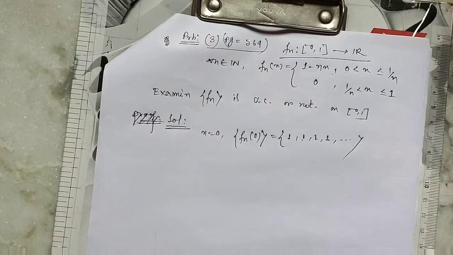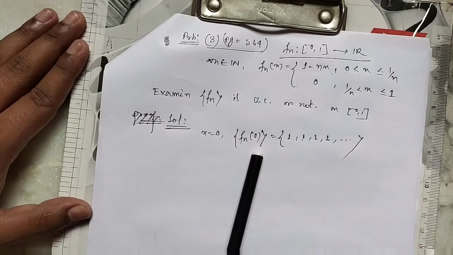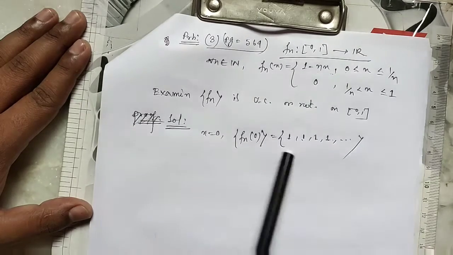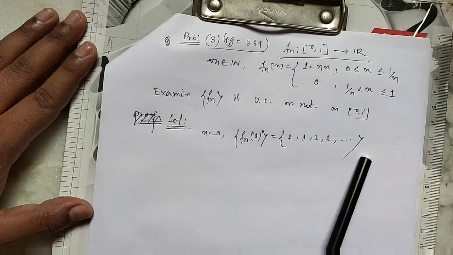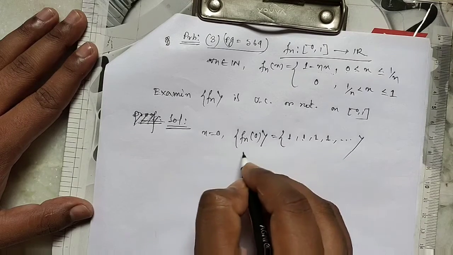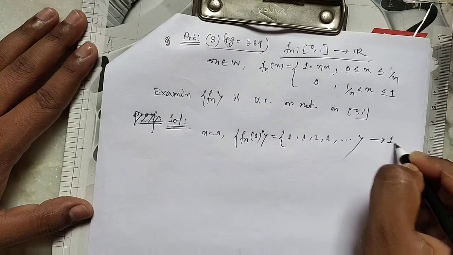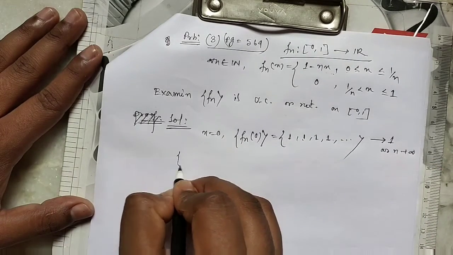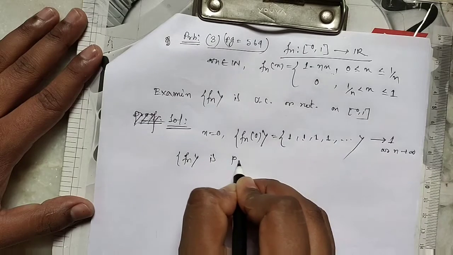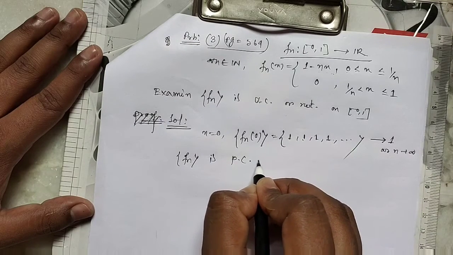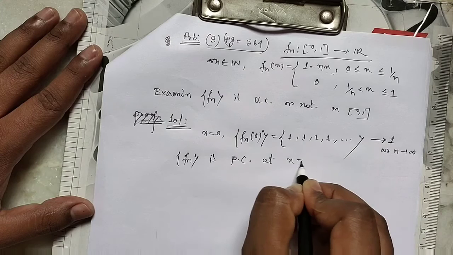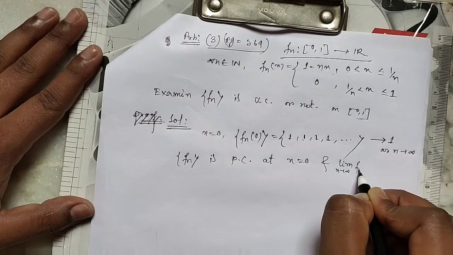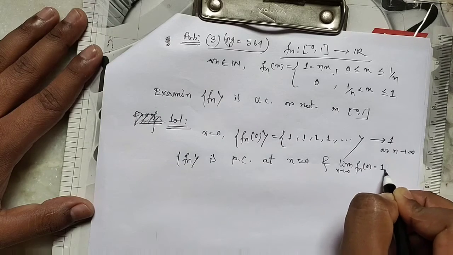So for x equal to 0, fn(0) is a real sequence, and this converges to 1 as n tends to infinity. So the sequence of functions is pointwise convergent at x equal to 0 and limit as n tends to infinity of fn(0) equals 1.